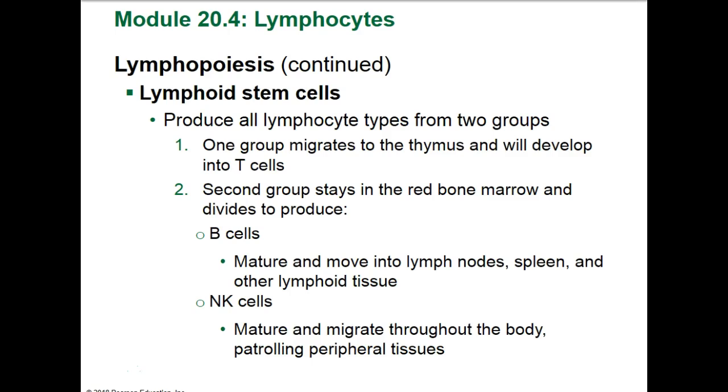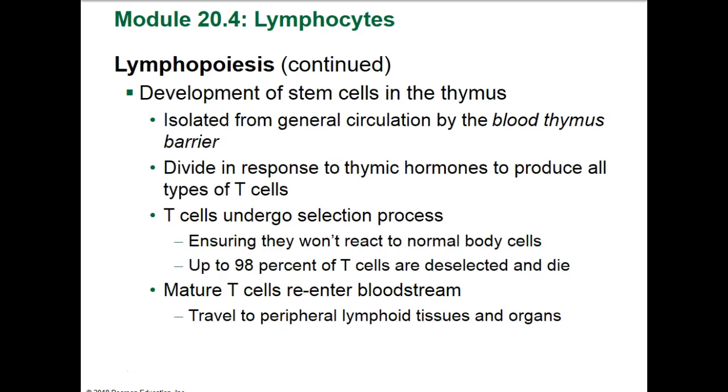I mean, of course, all of them come from bone marrow, but the B cells will mature in the lymph nodes, spleen, and lymphoid tissues. T cells mature in the thymus. And remember, the thymus is right above the heart. Don't get that mixed up with the thyroid gland that's much higher up on the trachea and the voice box. Natural killer cells mature and migrate throughout your body, and they patrol the peripheral tissues.